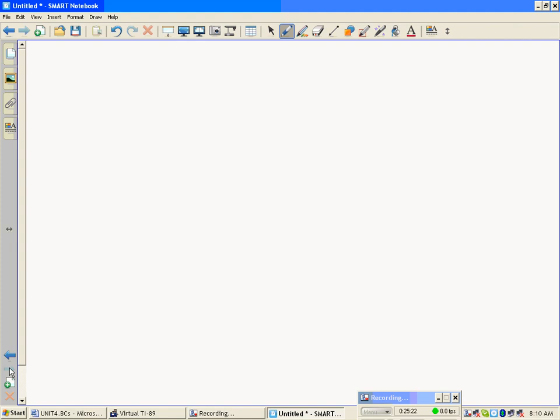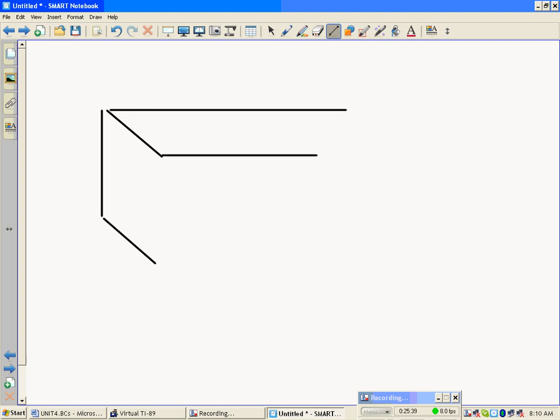All right, well, why don't we draw this crazy thing? So I'm going to get some straight lines here. It's a tank, right? Sort of.